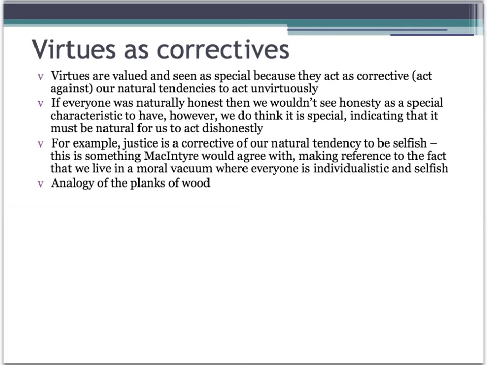They stop us from bending towards our natural tendency. It's the natural tendency of wood to bend. It's our natural tendency to do things like act selfishly. And the virtues act as correctives to prevent us from bending towards that natural tendency, just like the weights act as a corrective for the plank of wood to stop it from acting according to its natural tendency to curl up.